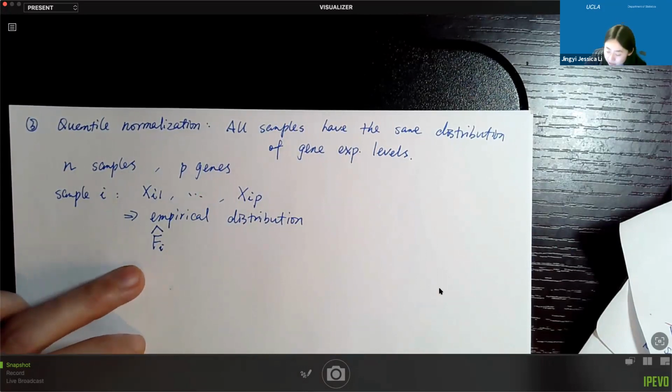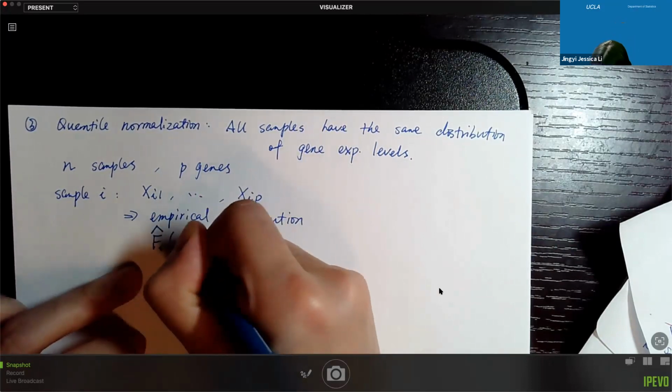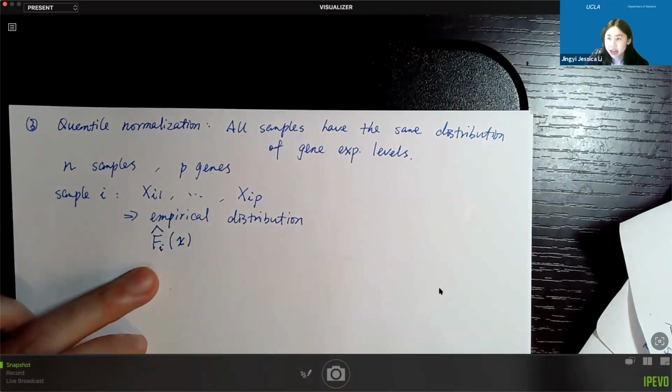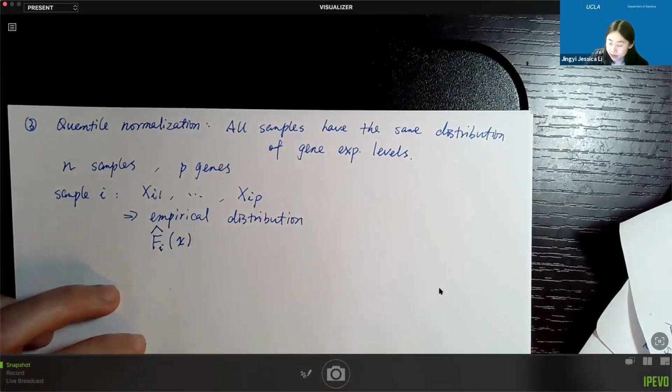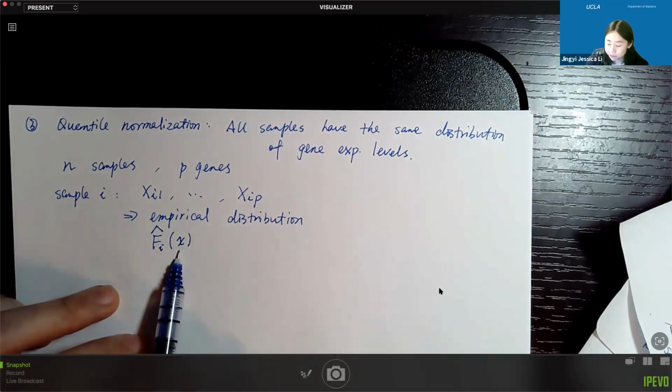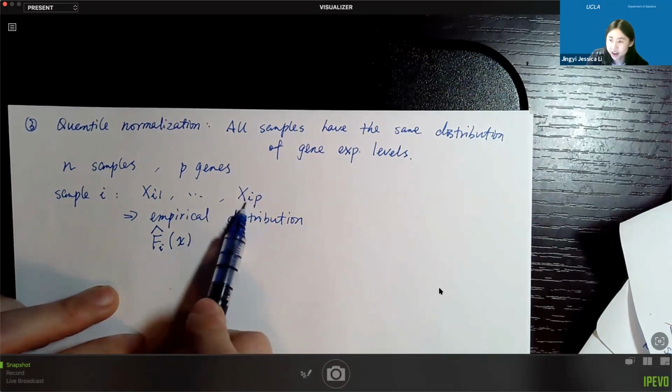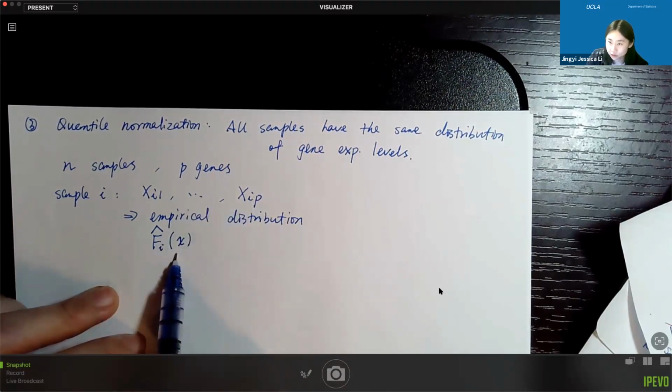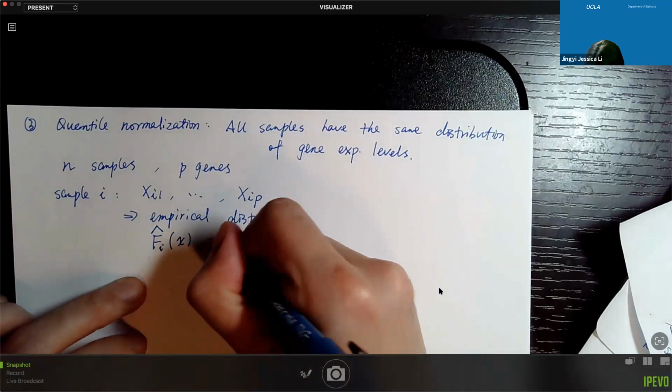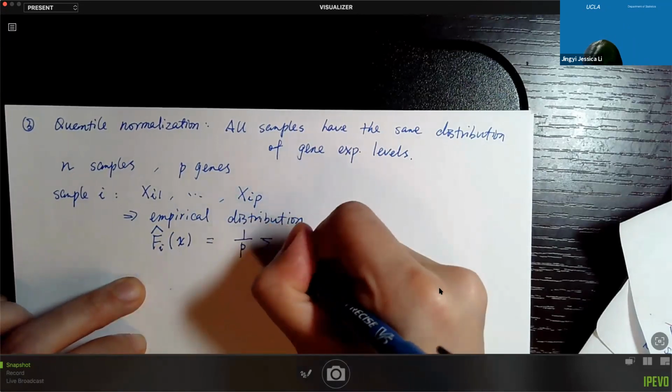Basically, if I input a number x there, it gives me its left tail probability. In other words, it's the proportion of the p points that are less than or equal to this x.